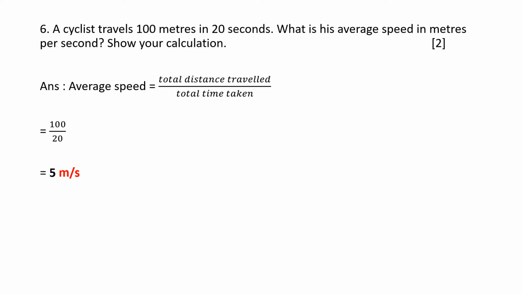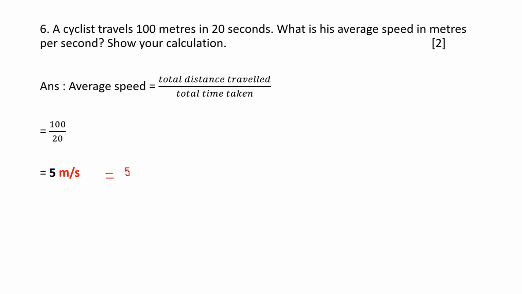Now what I was telling you in this question, suppose you are asked to find the speed in kilometer per hour. Now you are given meters and seconds. So after you find the speed, what do you do? Do you remember? How do you convert meter per second into kilometer per hour? You multiply it by 18 by 5.